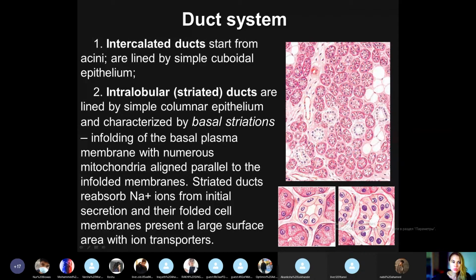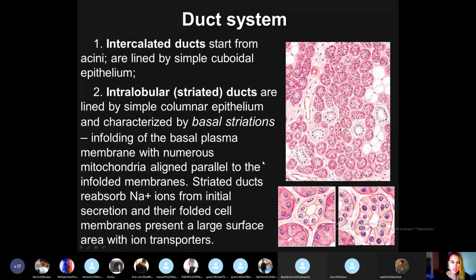So intralobular ducts, or its second name striated, are lined by simple columnar epithelium. Over here we can see this cylindrical shape of the cells. These ducts are bigger compared to intercalated ducts. So here we can see intercalated duct and here intralobular.